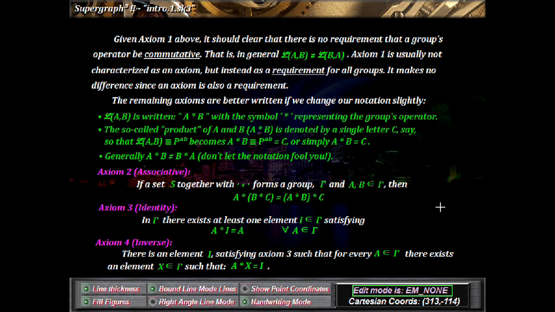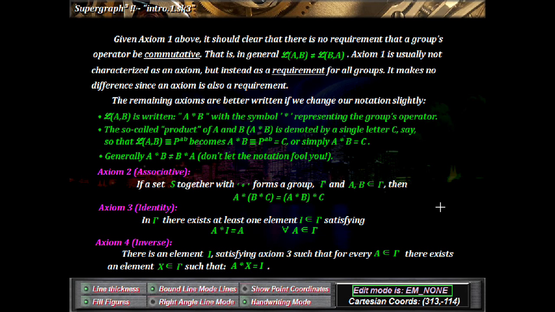The set of positive rational numbers and multiplication is a group. Okay? No addition, just multiplication. Positive rational numbers. That's a group.